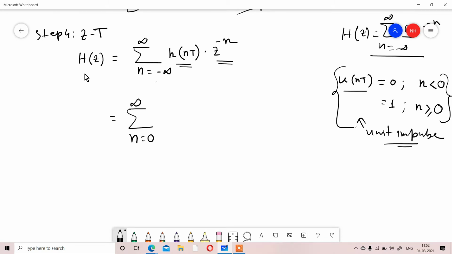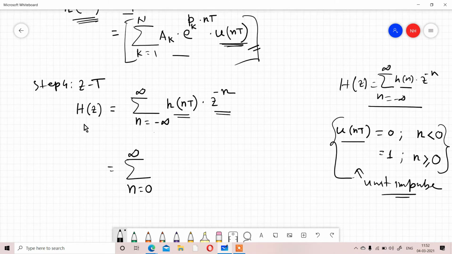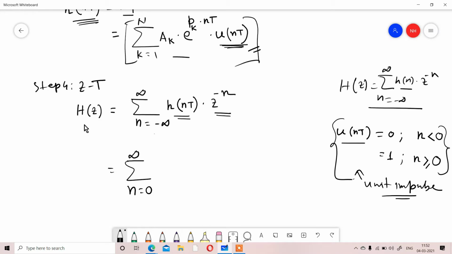And over that, h(nT) value is given as, sorry, there is a summation.